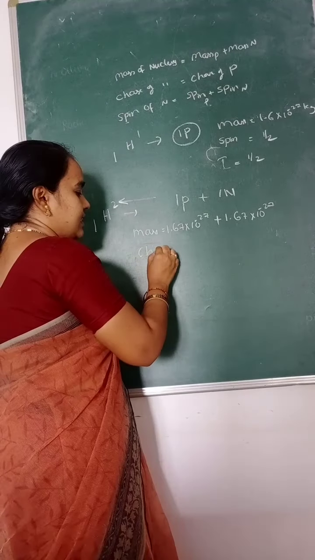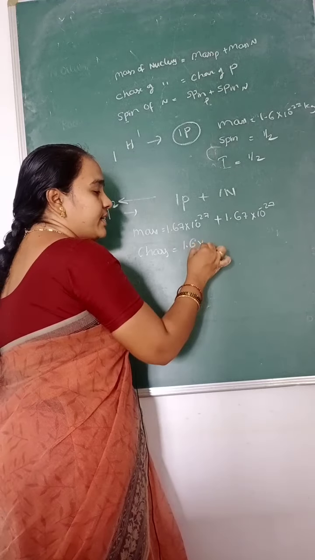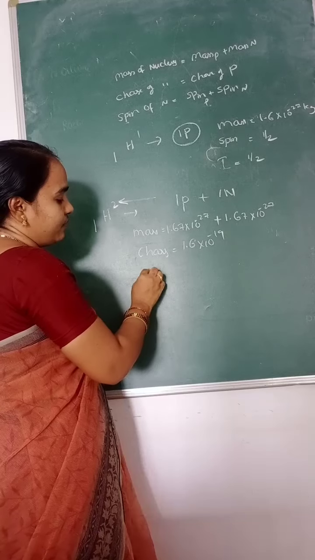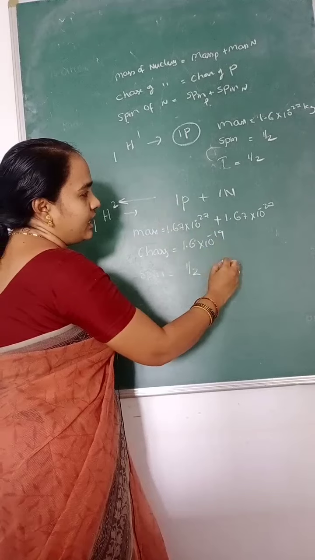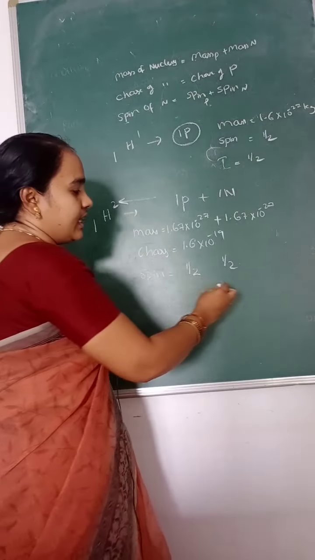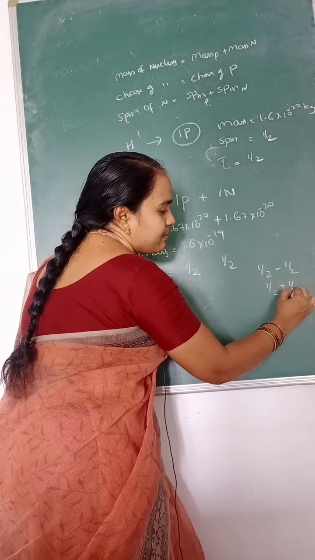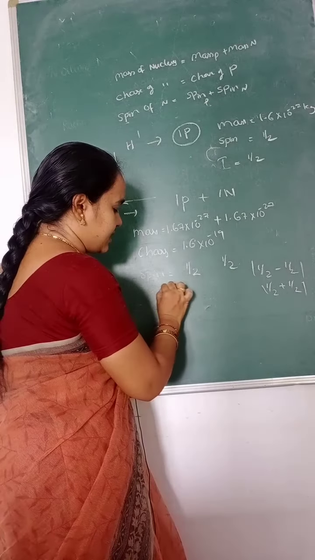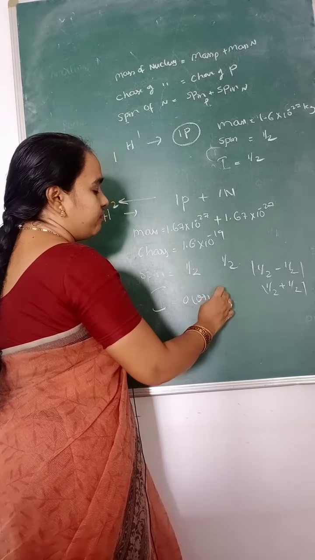The charge is simply that of one proton, 1.6 into 10 power minus 19 coulombs, whereas the spin of the nucleus is half for the proton and half for the neutron. So the resultant spin is either 1/2 minus 1/2 or 1/2 plus 1/2, the integral values. That is, the resultant nuclear spin I is either 0 or 1.